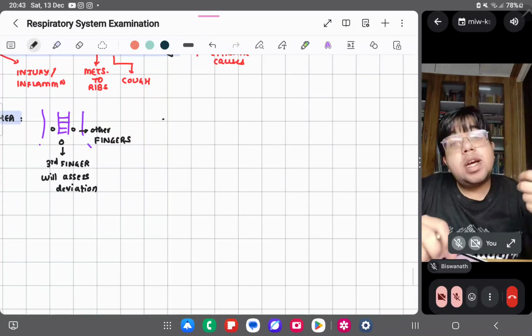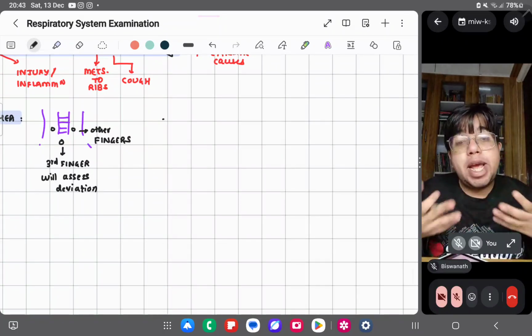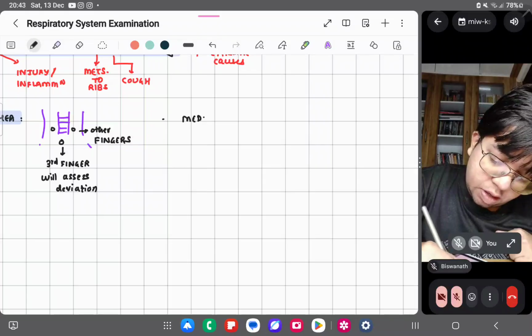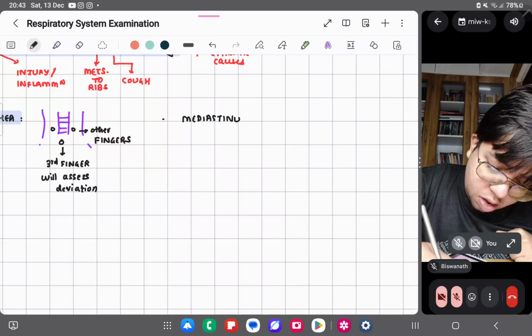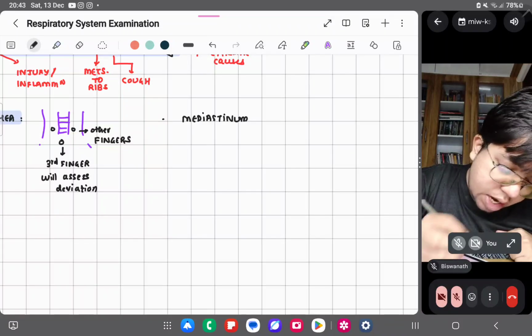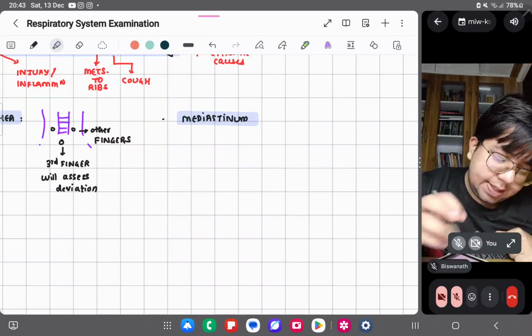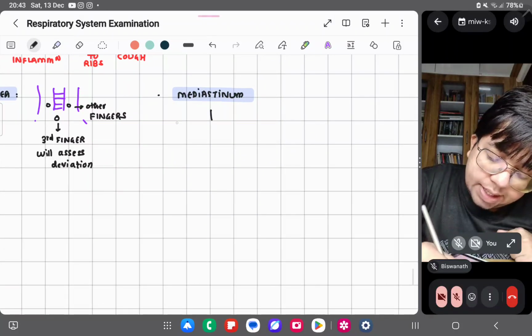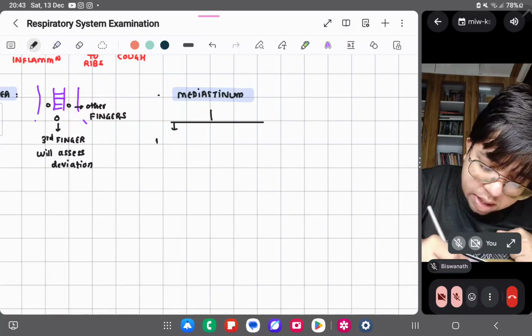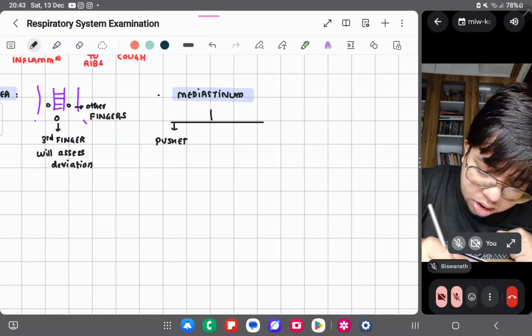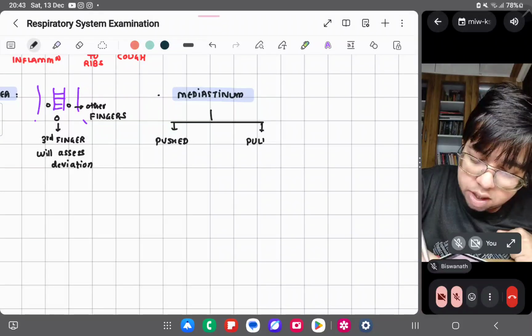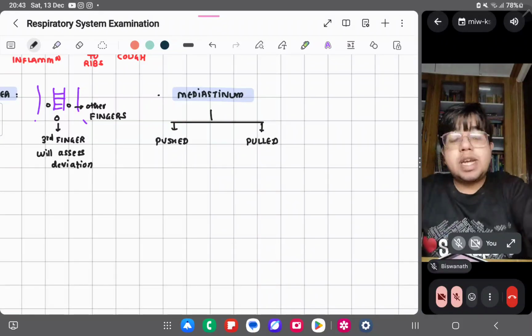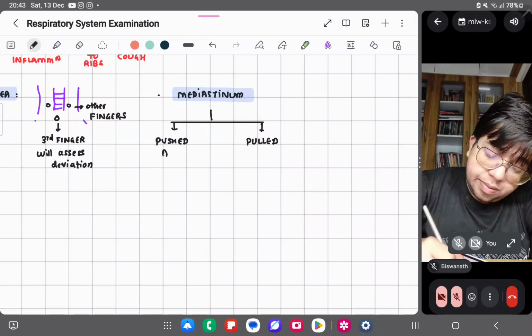Now, what other thing can you assess? You can assess the mediastinum. In the mediastinum, what things will you assess? Let's say the mediastinum is pushed away or pulled towards.